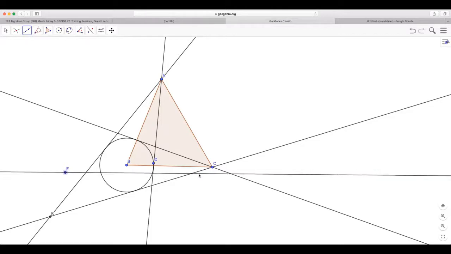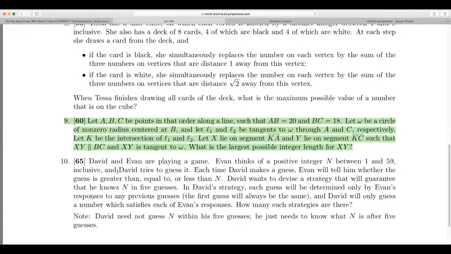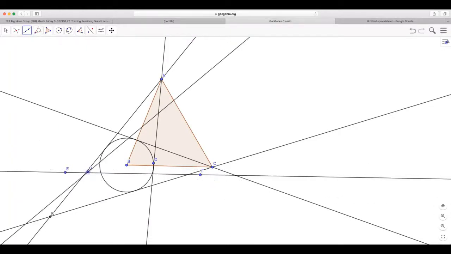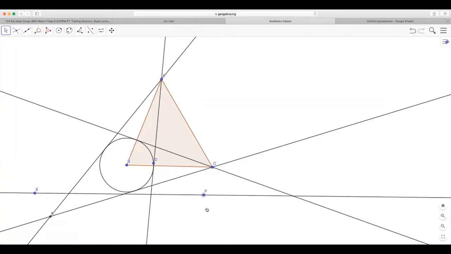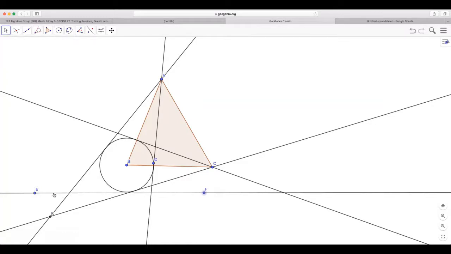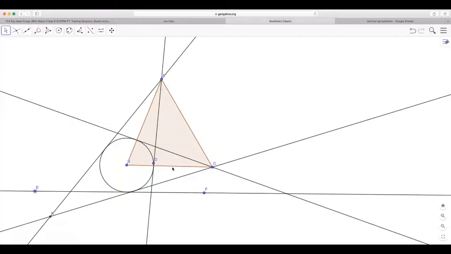In other words, something along this line, something like this. I have no idea what I'm doing. So once we have this, what do we want? The maximum possible length of XY.